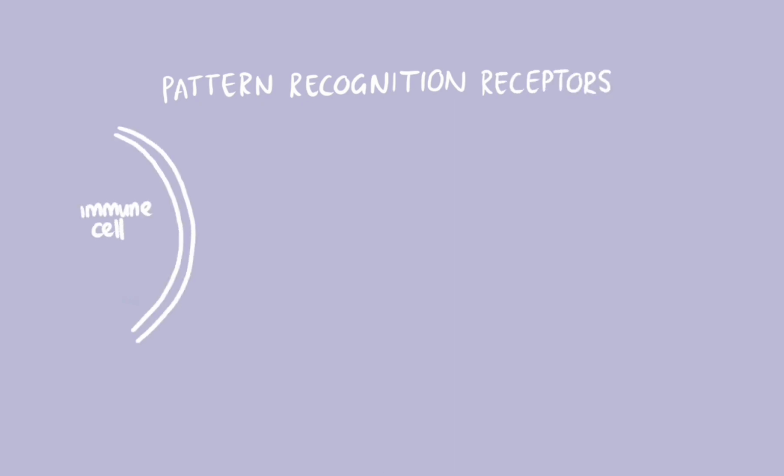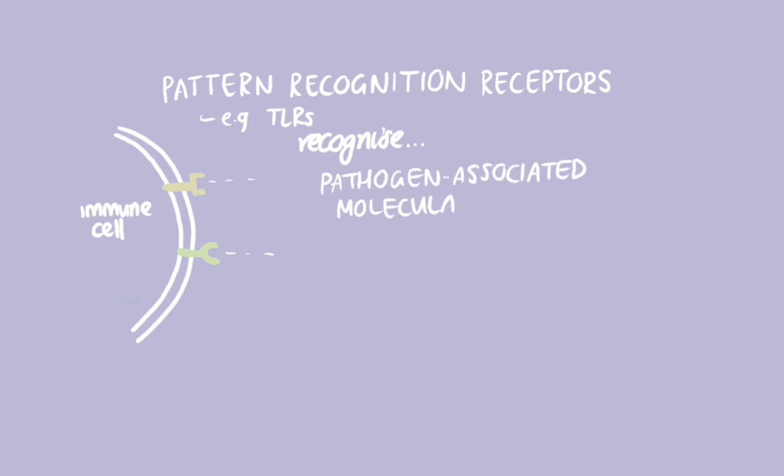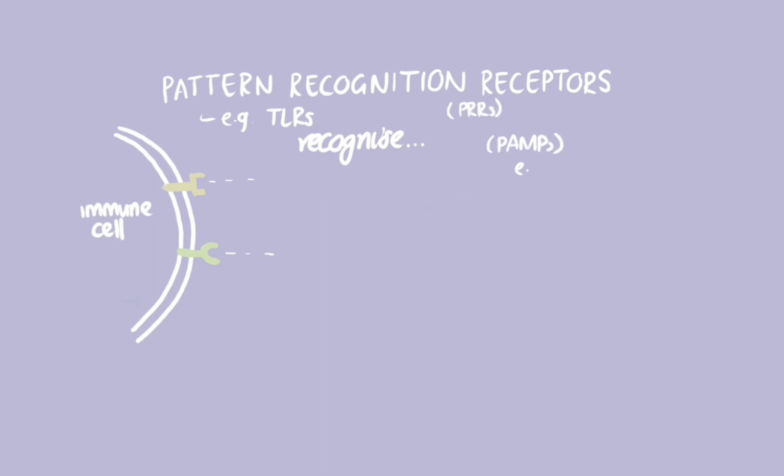So phagocytes have these receptors on their surface known as pattern recognition receptors. And in human cells, these pattern recognition receptors are most commonly known as toll-like receptors, or TLRs. And these receptors on the surface of these immune cells have the ability to recognize things known as pathogen-associated molecular patterns, or PAMPs.